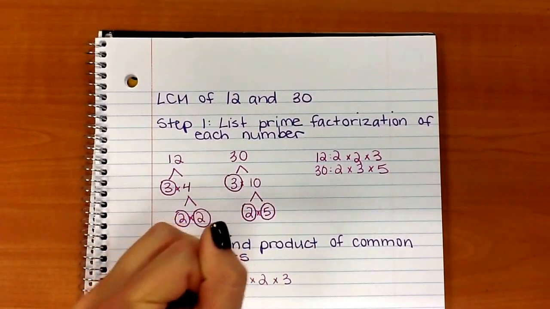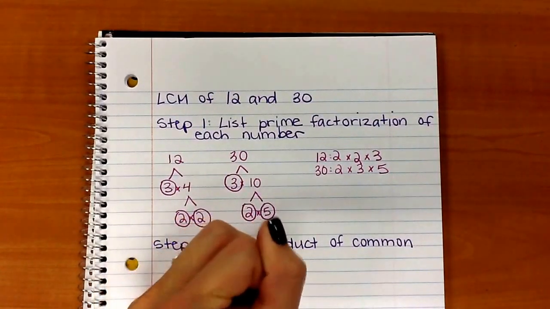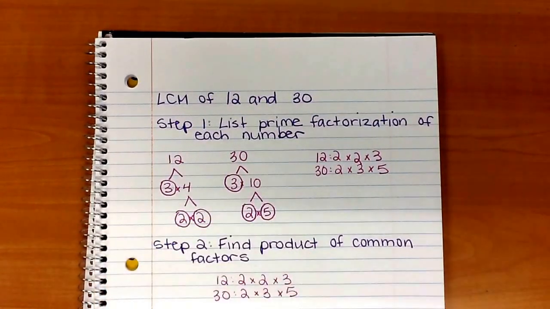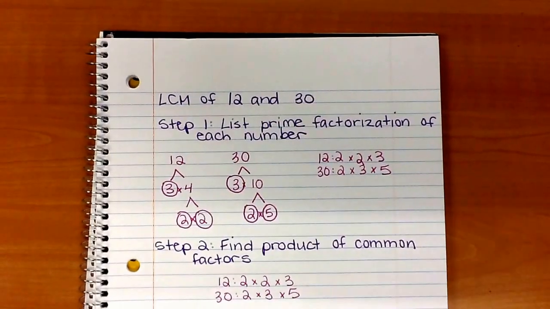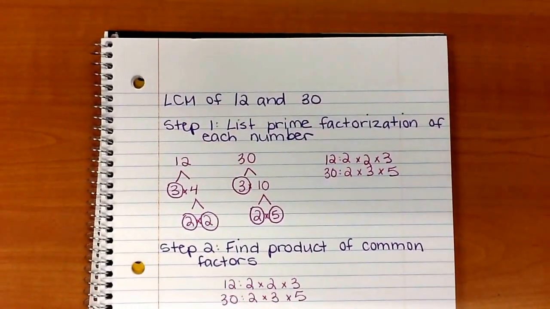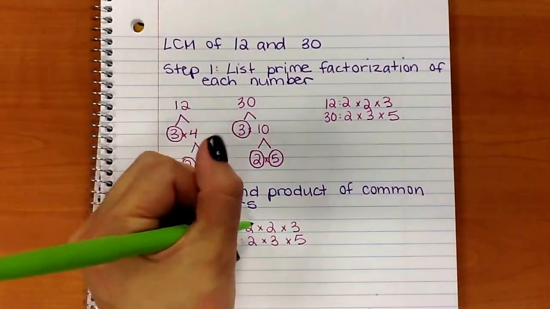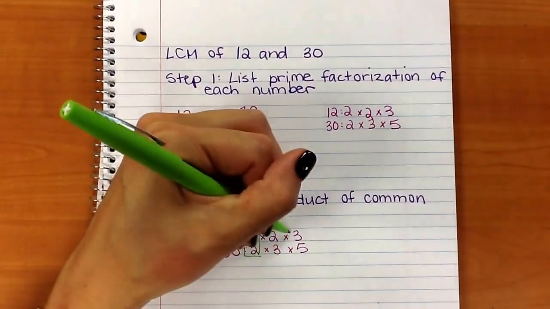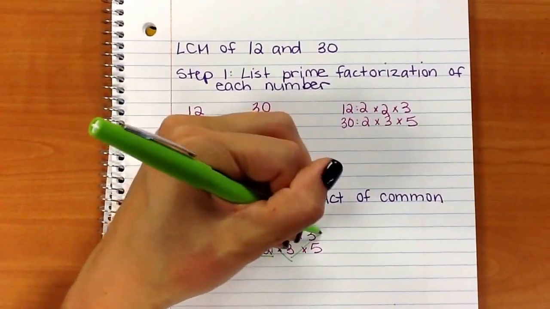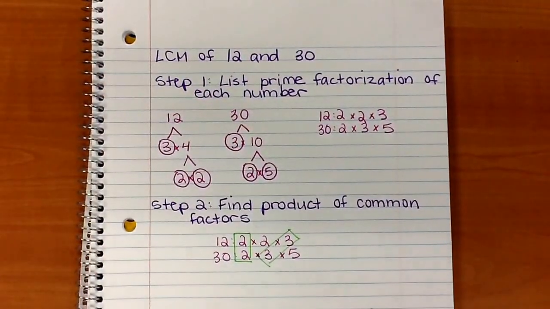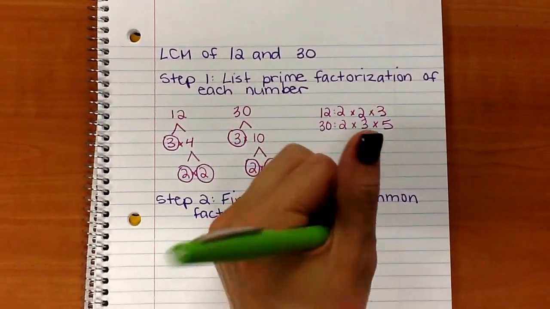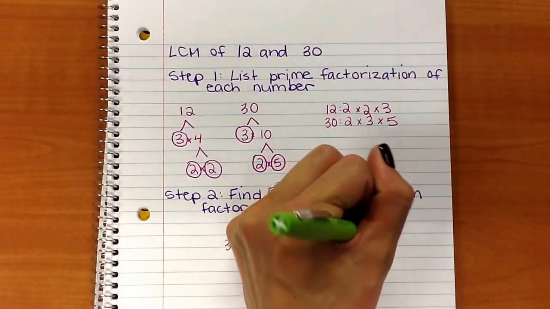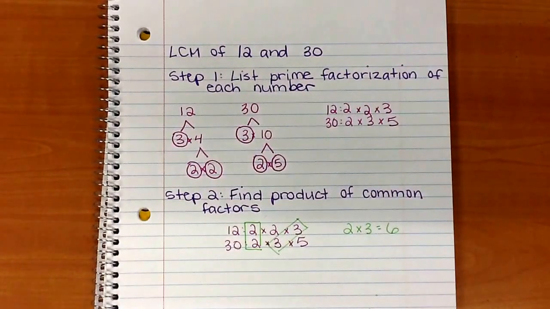And for 30, it was 2 times 3 times 5. So I'm going to look here and I'm going to look for common factors. Remember, I want to find a match in each of the lists. So looking at my list, I see I can make a match with 2, and I also see that I can make a match with my 3s. So I'm going to find the product of those common factors. I know that 2 times 3 equals 6.